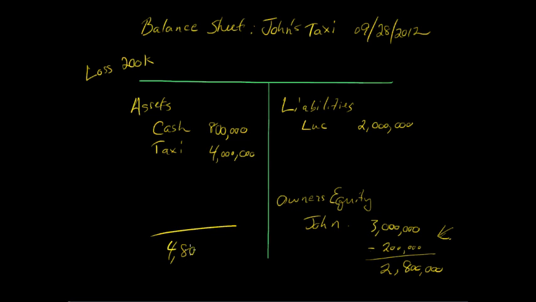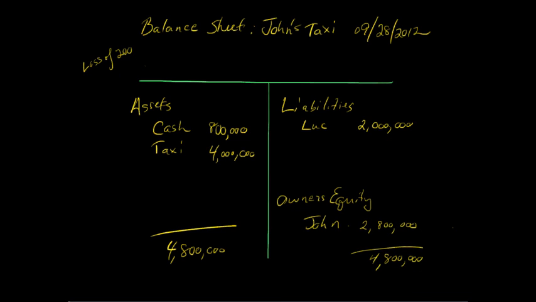So when we do the math again, we see our total assets is now 4,800,000, and our total liabilities plus owner's equity also equals up to 4,800,000. Now we have accounted for, as we said, the loss of 200,000 from operations.